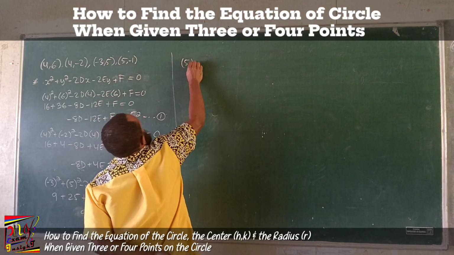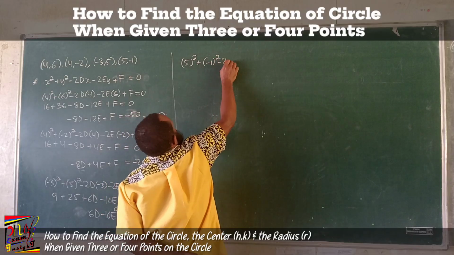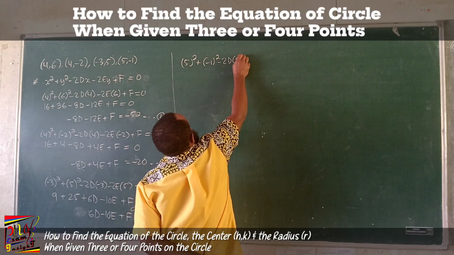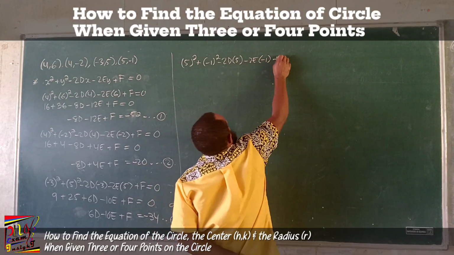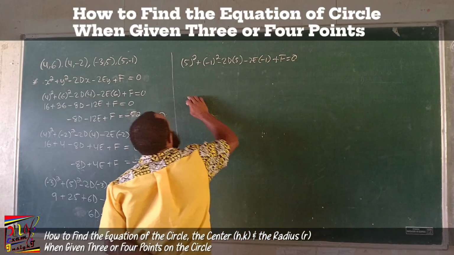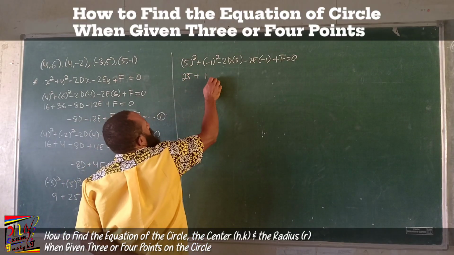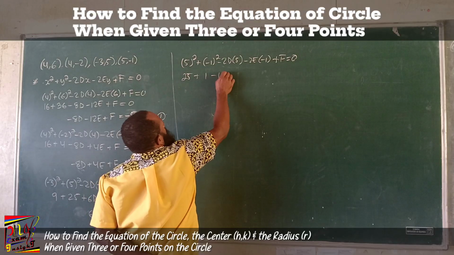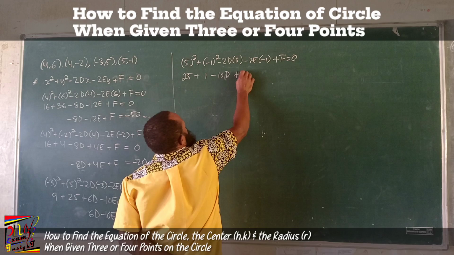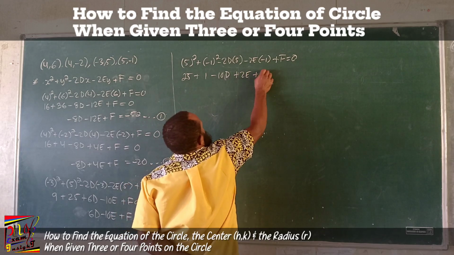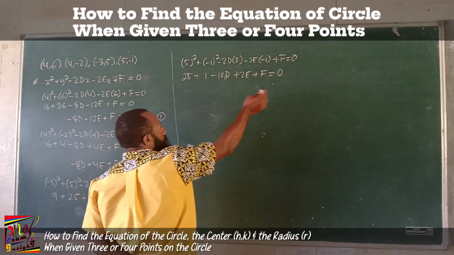So we have 5 squared plus minus 1 squared minus 2D times 5 minus 2E times minus 1 plus F equals 0. 5 squared is 25, 1 squared is 1, minus 10D plus 2E plus F equals 0. 25 plus 1 gives us 26.